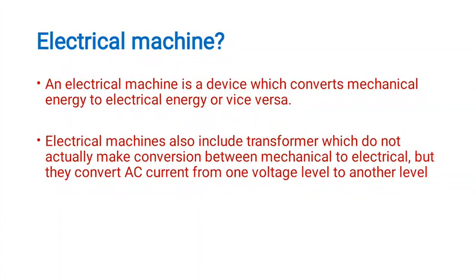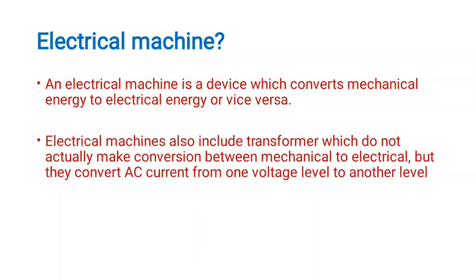You'll also study about transformers in this course. What is this transformer? It is also a machine which does not actually convert mechanical to electrical or electrical to mechanical. They just convert AC current from one voltage level to another level.